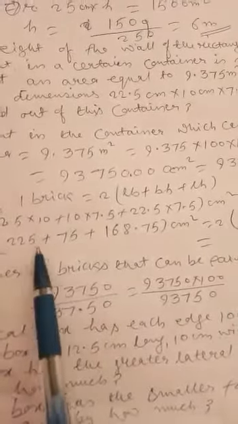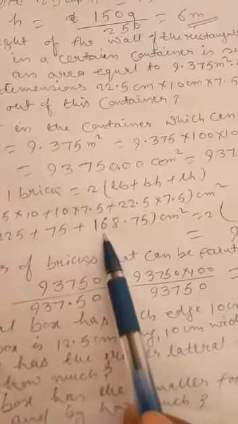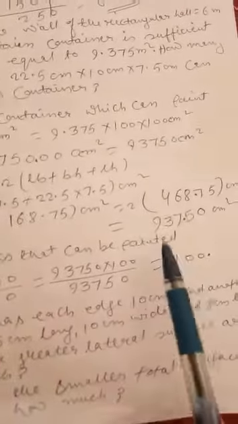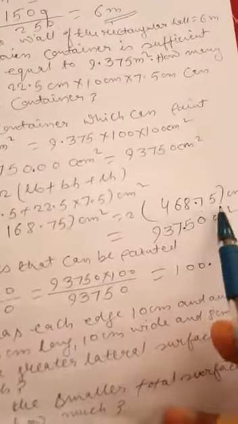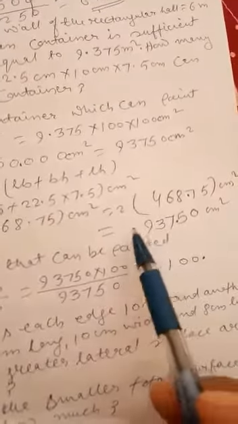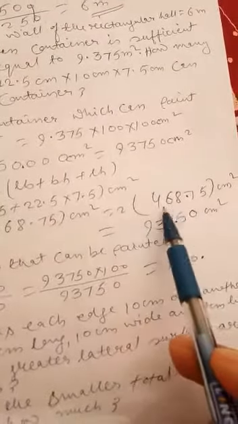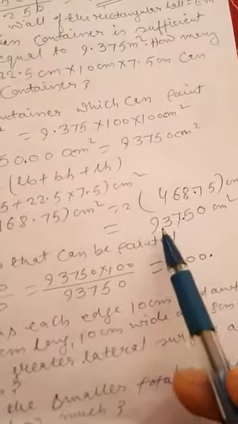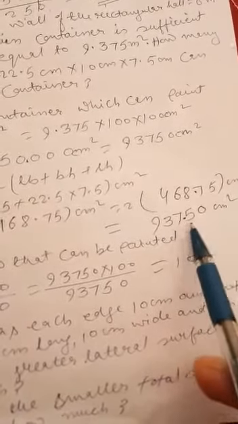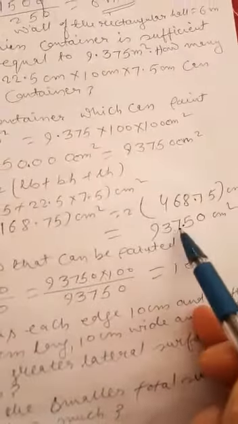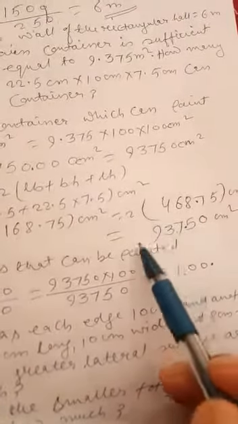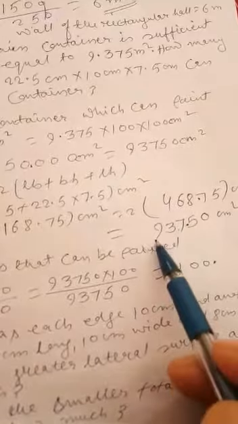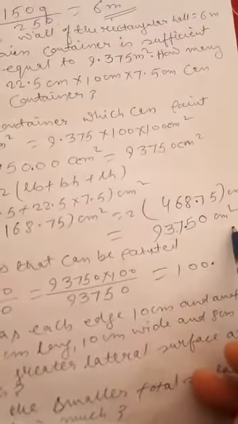If you add all these, 225 plus 75 plus 168.75, you will get 2 into 468.75 centimeter square. If you multiply 2 into 468.75, you get here 937.50 centimeter square. So area of one brick we have got is 937.50 centimeter square.